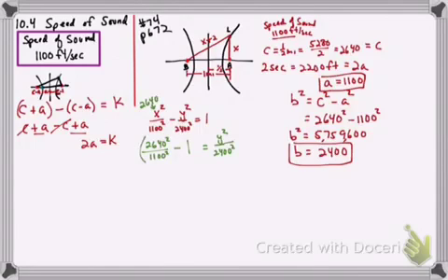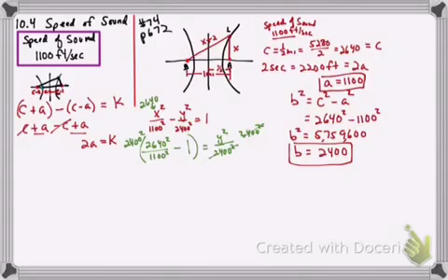And then if you want, this is what I like to do. So I took this 2400 squared and multiplied it to both sides. So 2400 squared on both sides. And that will be my y squared.